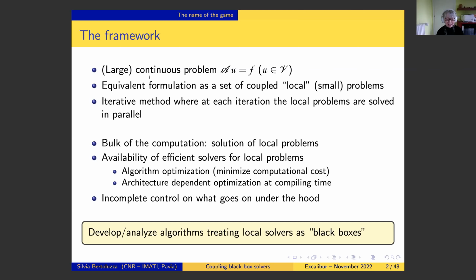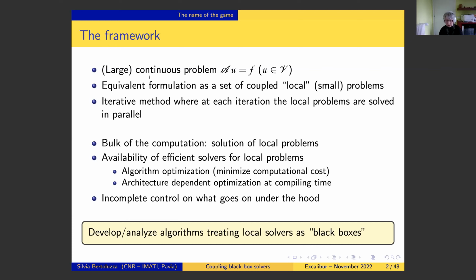Okay. So the framework is the one that we are used to, everybody of us, I think. I have a large continuous problem that I somehow rewrite in an equivalent formulation as a set of local small problems coupled, and I write down an iterative scheme to solve this coupled system of problems.